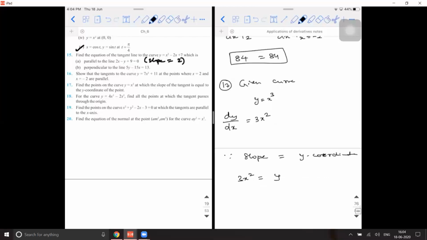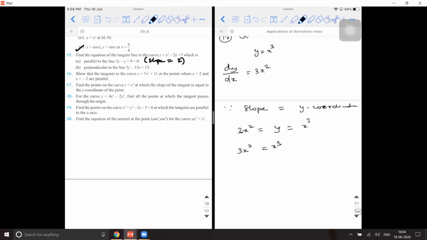But what is y according to the question? x cube. So 3x square will be equal to x cube. Don't cancel x square and x cube. Do it like this: x cube minus 3x square is equal to 0. Take out x square common, into x minus 3 equal to 0.